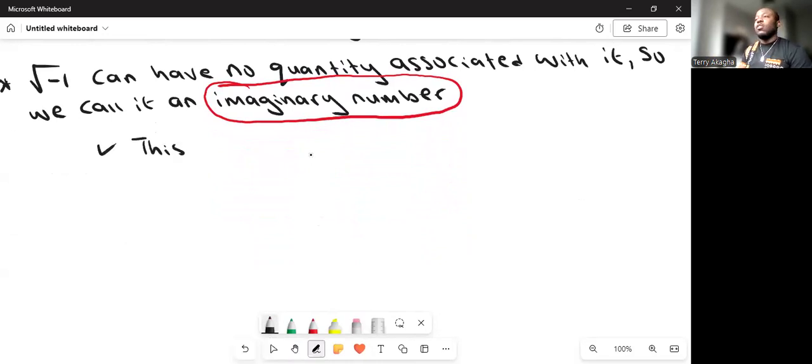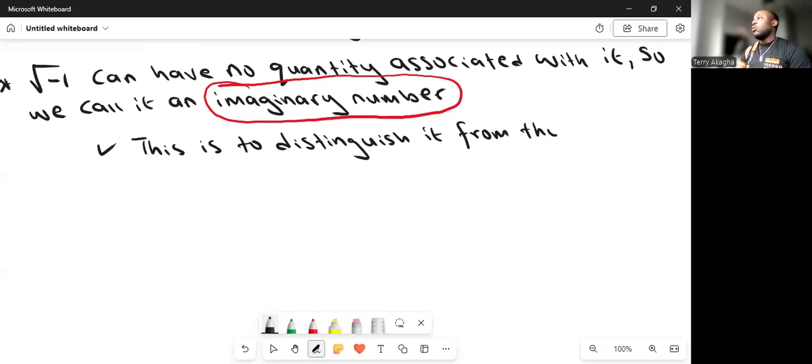This is to distinguish it from those to which we can associate quantities.